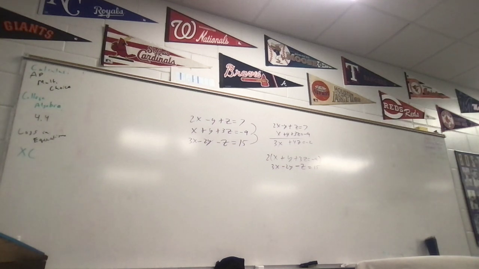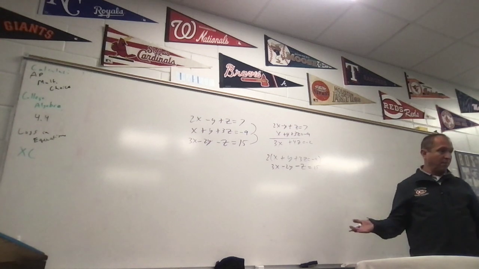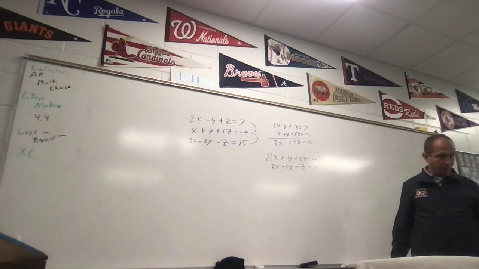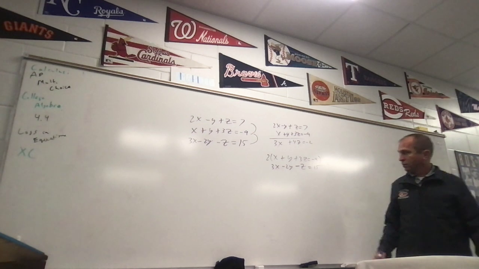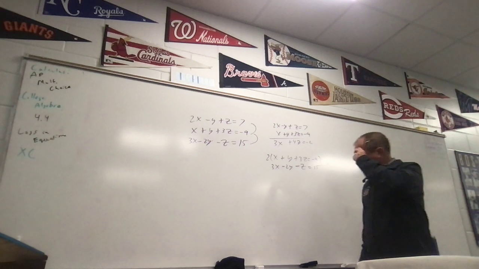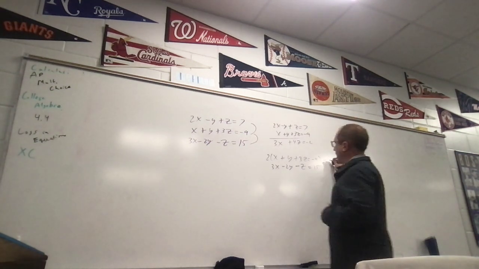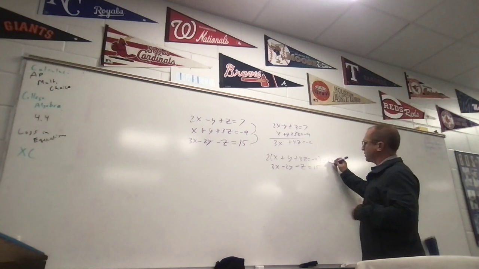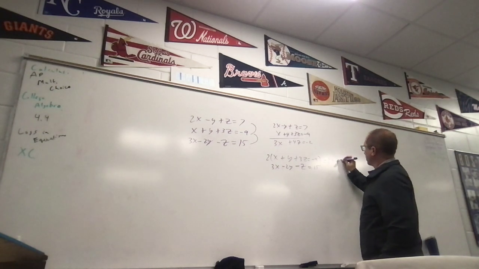Like if you've got a 3 and you're trying to cancel it with a -2, then you'd have to multiply the 3 by the 2 and the -2 by a +3 or whatever. So sometimes you have to multiply both equations. All right, so from here, I'm gonna go out to the side and rewrite this. You don't have to do this. You could do the arithmetic from here if you wanted to.